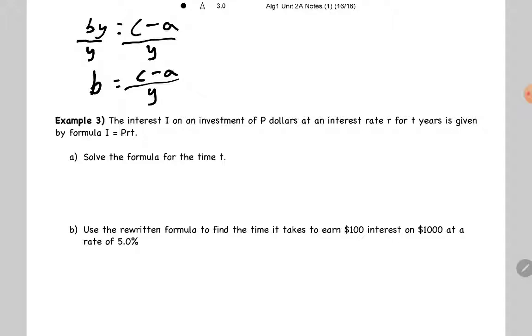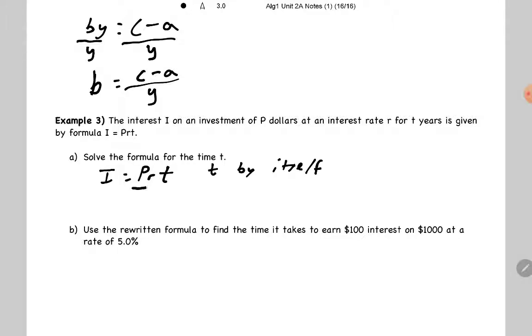So I have I equals P r t, and we want to get t by itself. T by itself is the goal. T is getting multiplied by r and p.